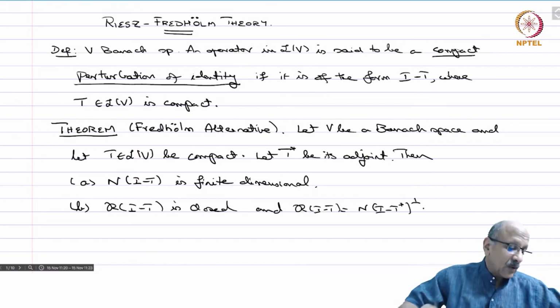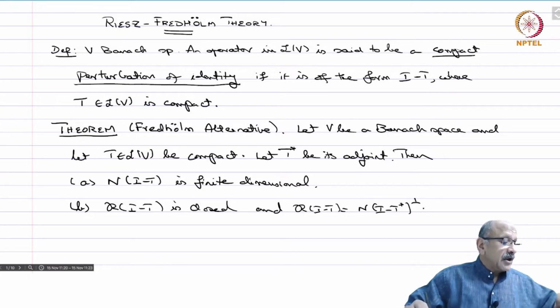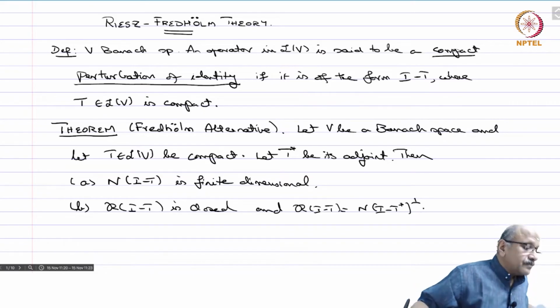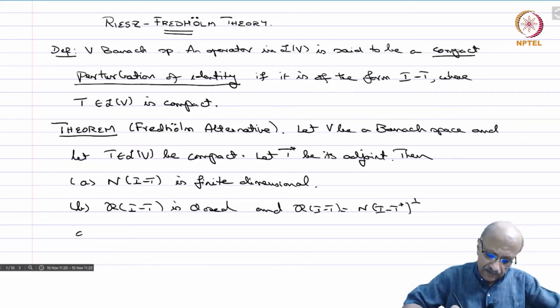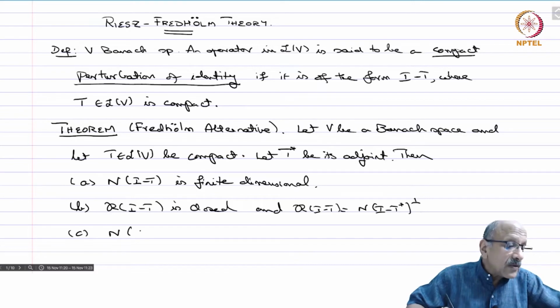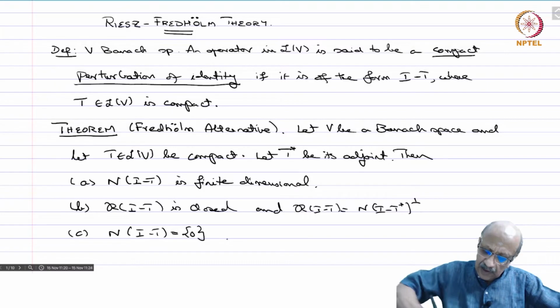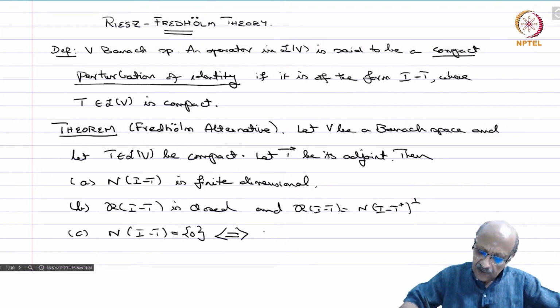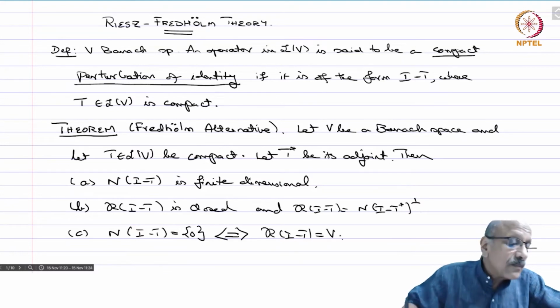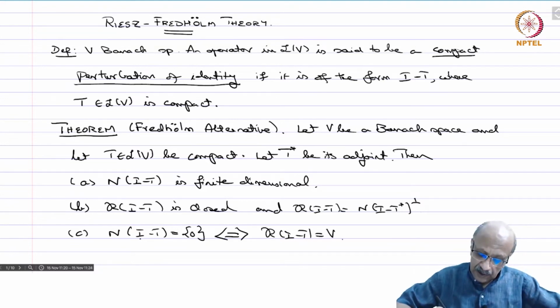The second part we know already. We have already said if it's closed, then you can give it in terms of this. Then (C), the null space of I minus T is 0 if and only if the range of I minus T equals V. So the null space of I minus T being 0 means it's an injective map, or one-one, and the range of I minus T equals V means it's surjective.